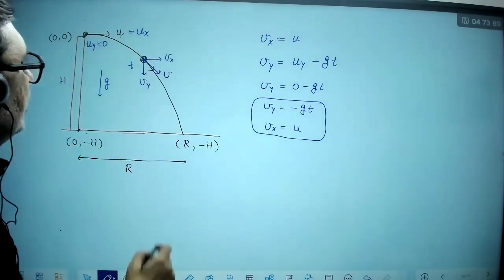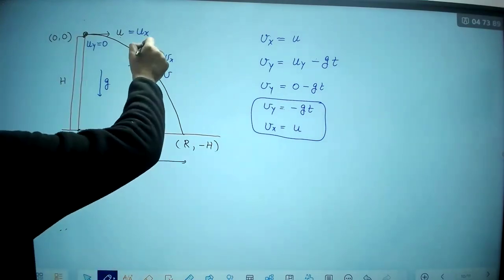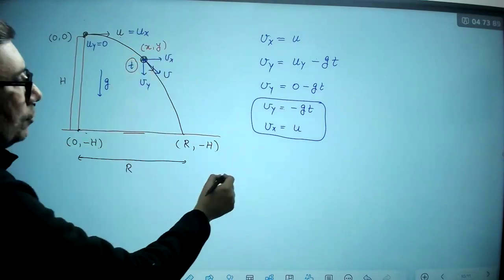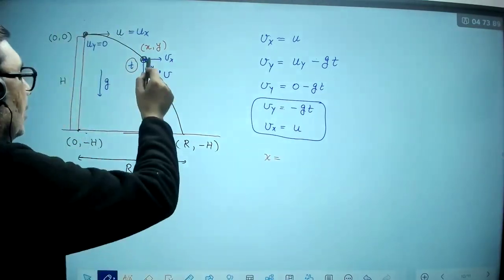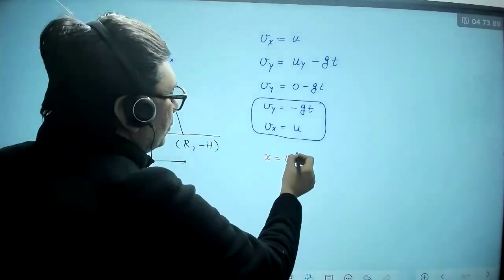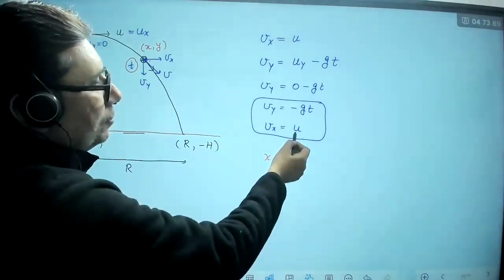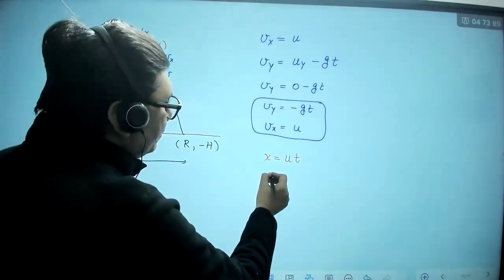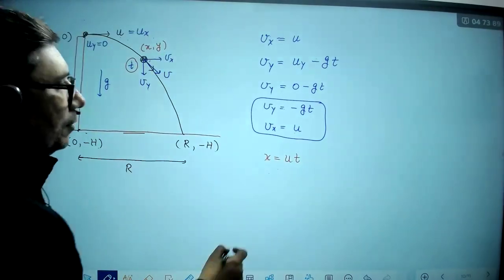What will be the coordinates here? Suppose the coordinate of this is x comma y at time t. X will be ux into t, so that is ut. If you take dx by dt, you are going to get u. What will be y?